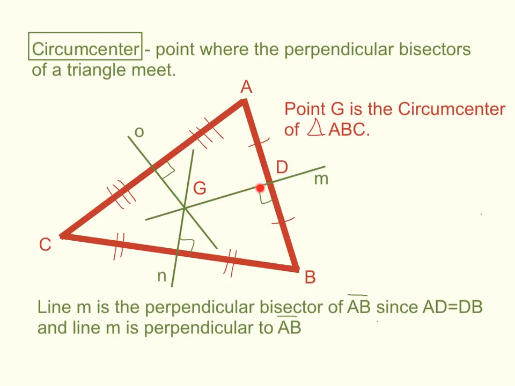So this line M has bisected, or cut this in half into 2 equal parts. And you can see I've put a little square here, here, and here, and that indicates that these are all perpendicular to these red sides, AB, BC, and CD.